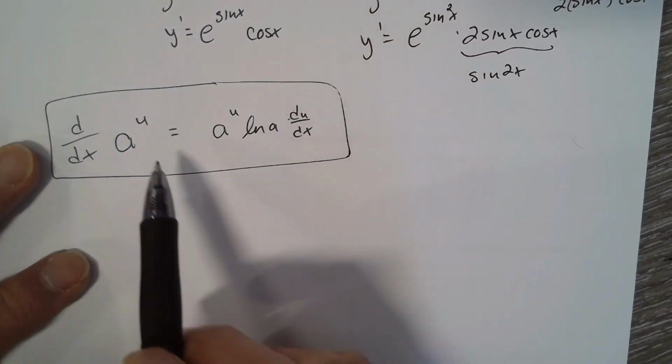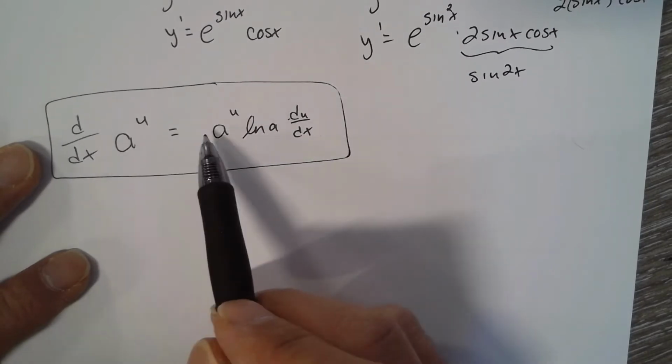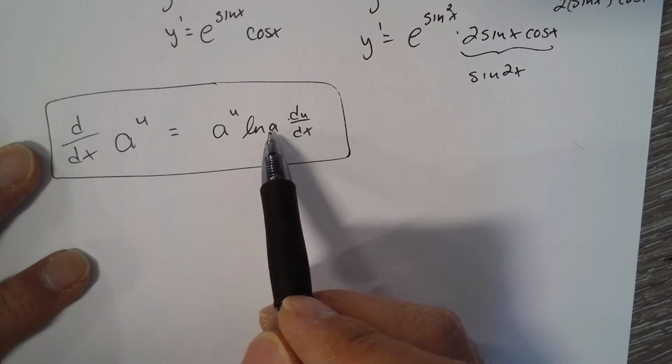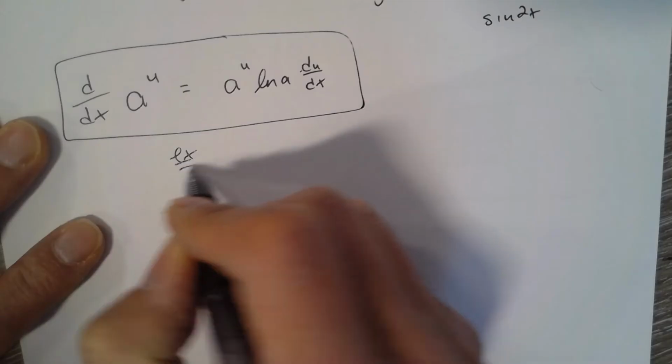If it was e to the u, you could still do it that way: it would be e to the u times the natural log of e. Well, the natural log of e is just 1, so that's why e to the u has its own special formula.